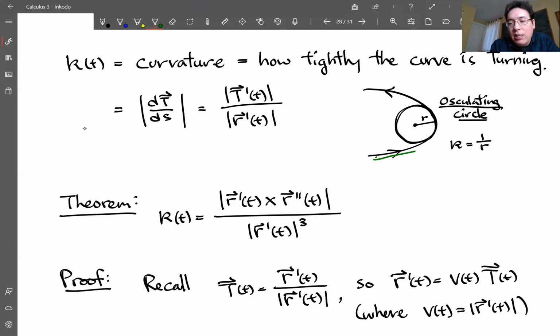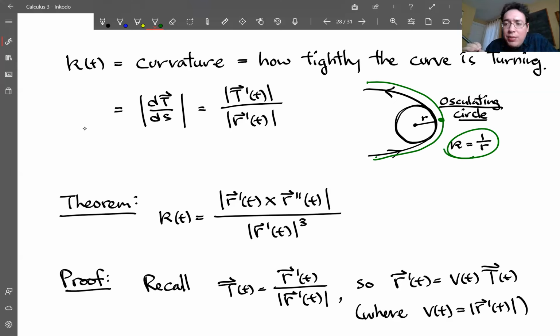As the curve is turning, you could try to draw the best approximating circle that just kisses the curve where you're at. So let's say you're on this portion of the curve, and you try to approximate the curve at the place where you're at with a circle, and then the curvature is going to be 1 over the radius of that circle.